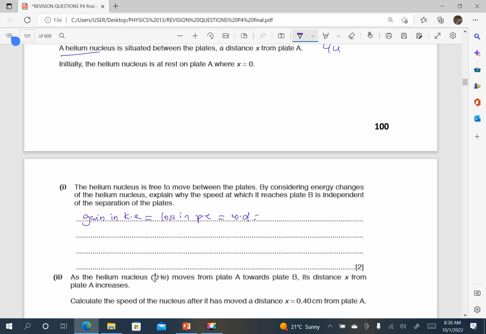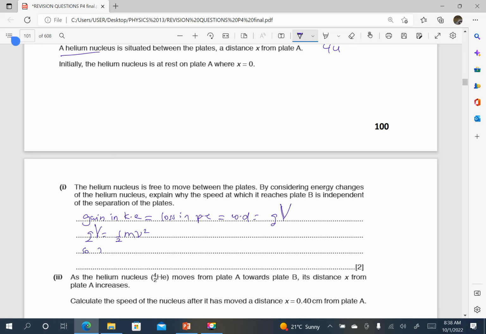And this will be the charge times the potential difference, which is Q times V. And QV is equal to a half mv squared. The loss in potential energy is equal to the gain in kinetic energy. You notice that in the expression there is no d.